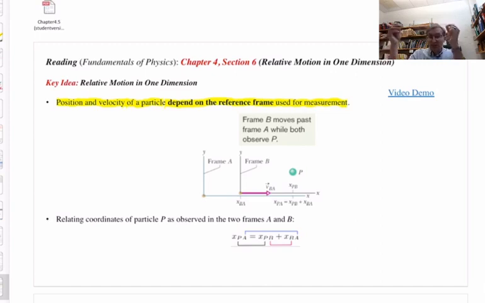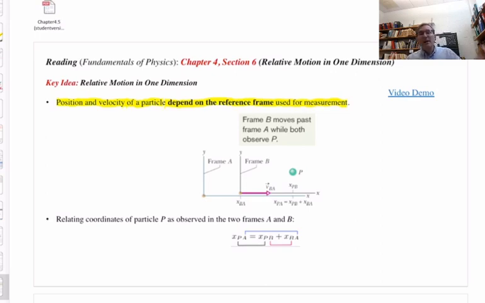Okay? And so this now could represent the reference frame, the ruler, the x-axis, on this moving cart that's moving relative to the ground. That's a perfectly valid reference frame for making measurements from.